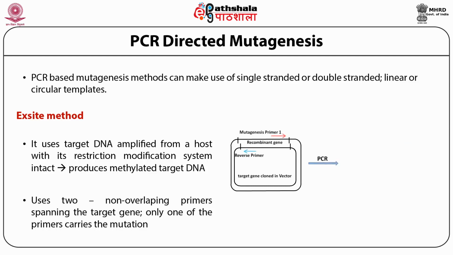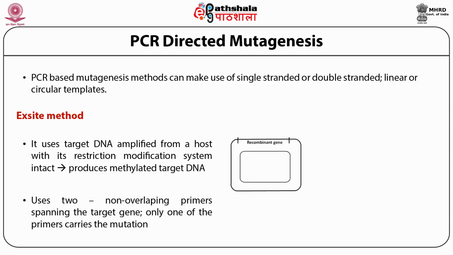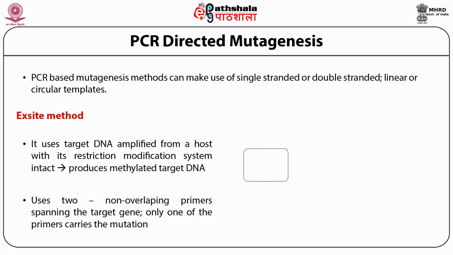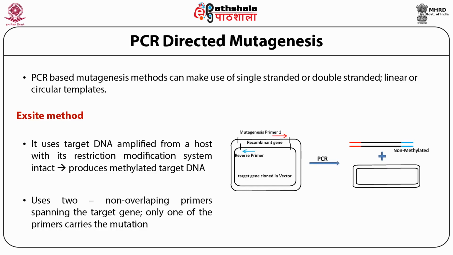The use of mutagenesis primer 1 and the reverse primer would generate amplification of a linear fragment. As we know, the reaction is carried out in vitro, so the newly synthesized DNA which is harboring the mutation at its 5' end is non-methylated. Along with that, you would be having contaminating original circular DNA, which is wild-type DNA.